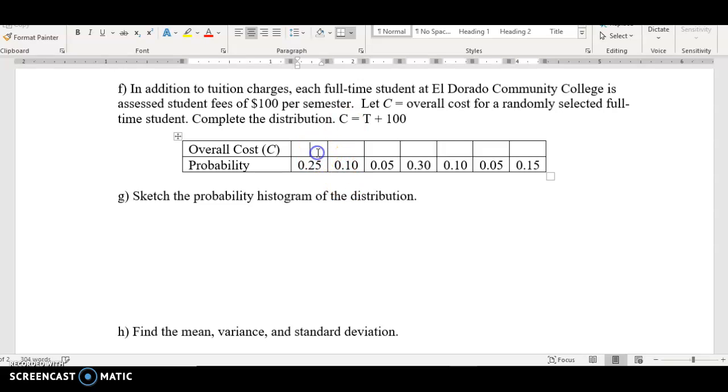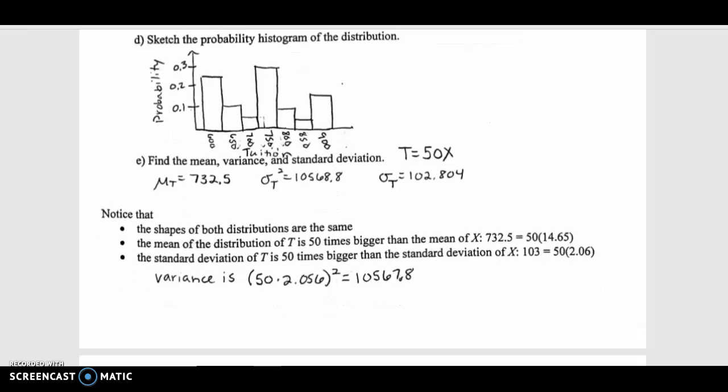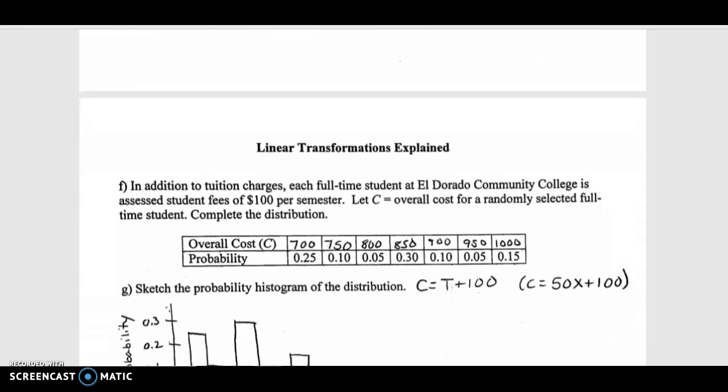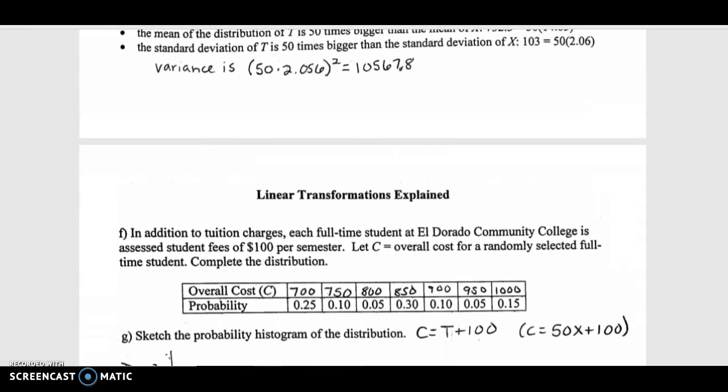So what happens to these overall costs? The 600 from before is now going to become 700. The 650 from the previous distribution is now going to be 750 and so on. I'll show you that in my solutions here. So here's that new distribution where I'm adding 100 to the previous one, which I also include here. That means it was 50 times the original and then plus 100.